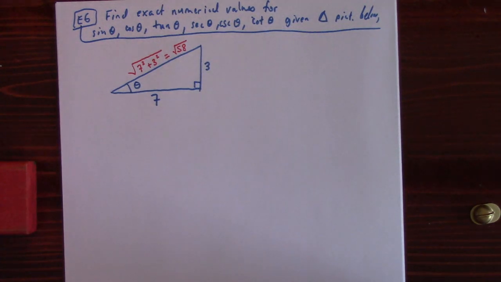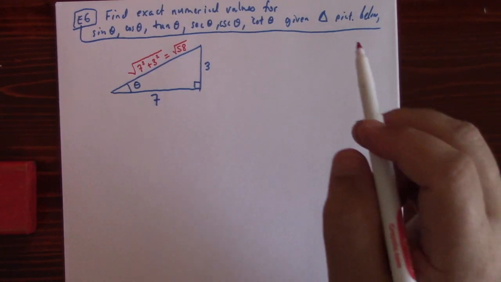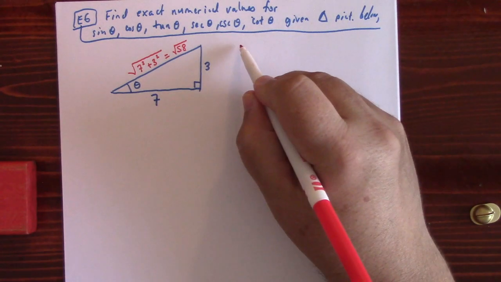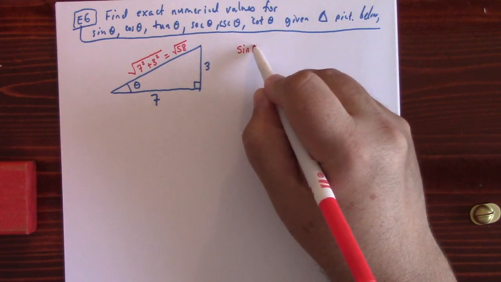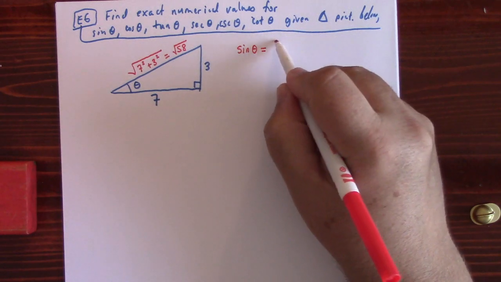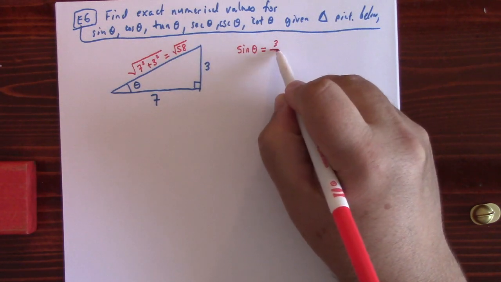Okay. So now we can write down the trigonometric ratios. Simple business. Sine theta is opposite over hypotenuse.